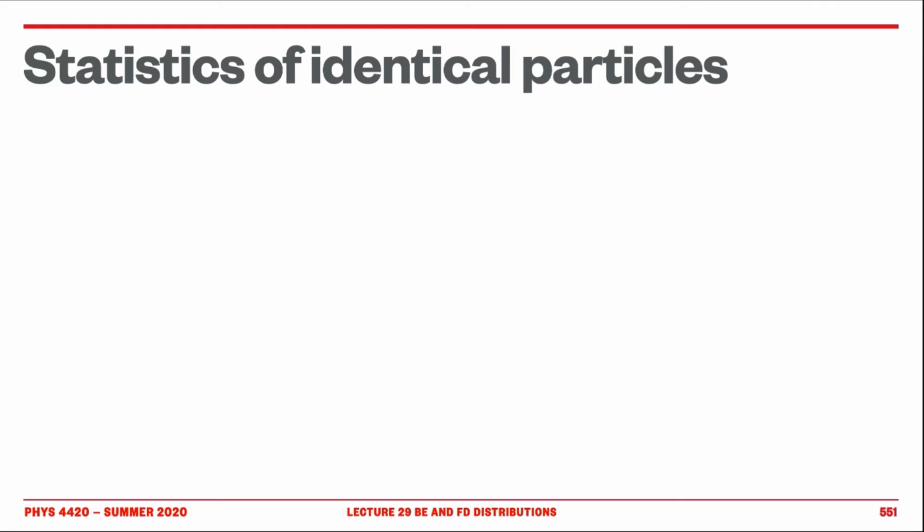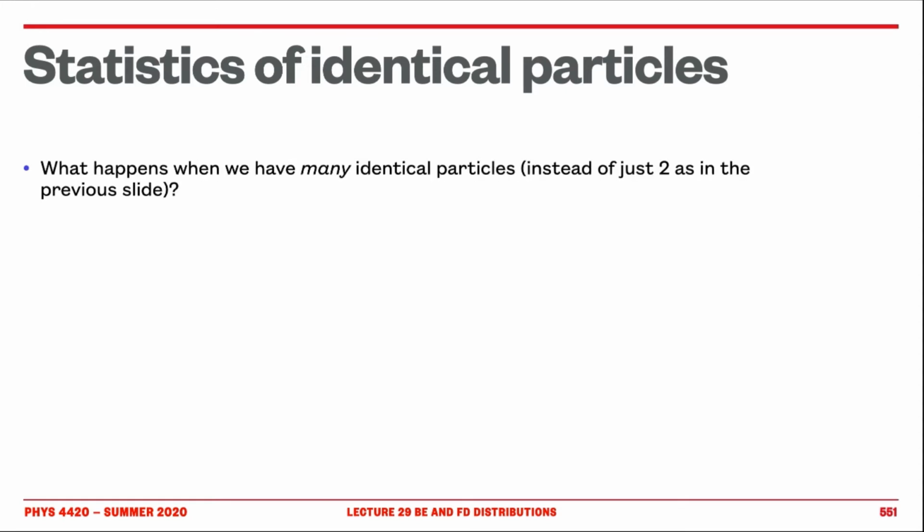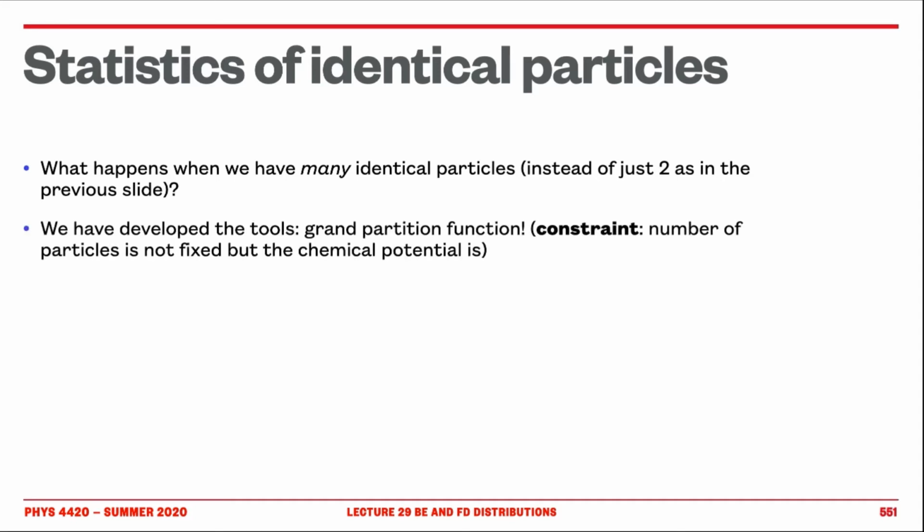So let's try to look at the statistics of identical particles now, quantum mechanically. We had just 2 particles before. Now let's suppose that we have many identical particles, just like we do in thermodynamics, in the thermodynamic limit. We actually developed the tools in a previous lecture using the grand partition function.